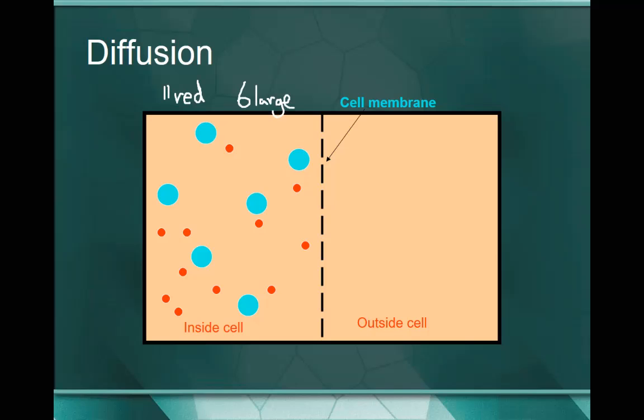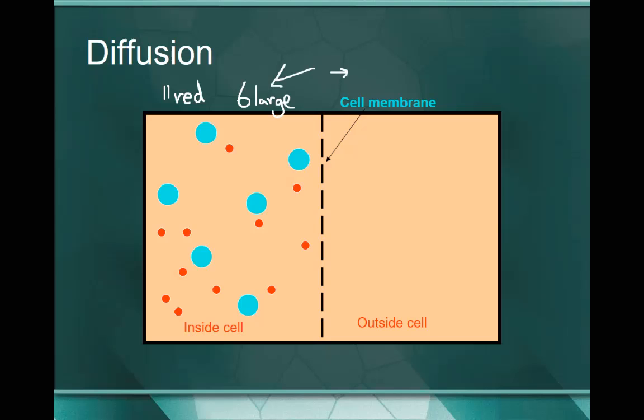Now, as time goes on, there's far more on the left side over here and far less on the right side over here. So the molecules are going to want to move over here to the right side. However, the larger molecules can't fit through the gaps you see here in the membrane, and so they don't.